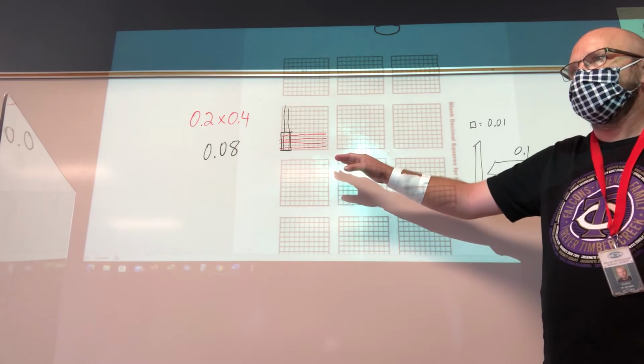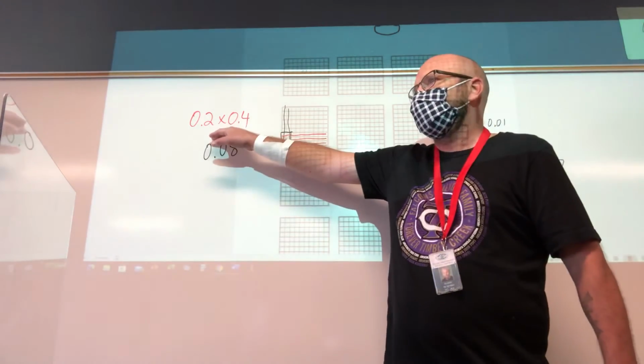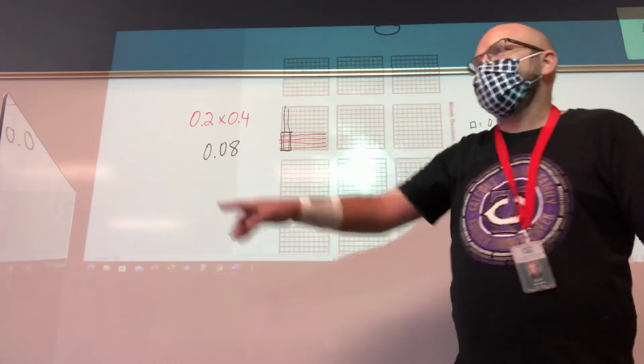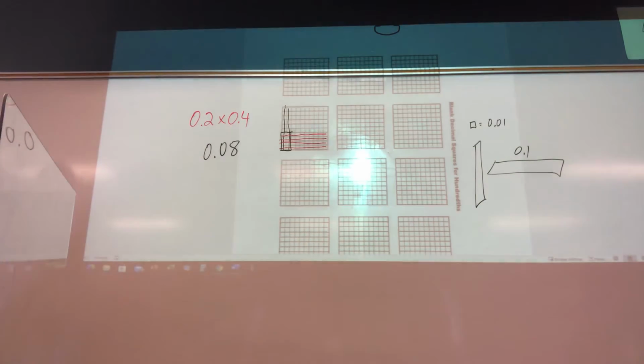Landon, why does it go smaller? Because I'm multiplying by something less than 1. Like Jaden told me, we said 12 times 1 is 12, 12 times 2 is 24.